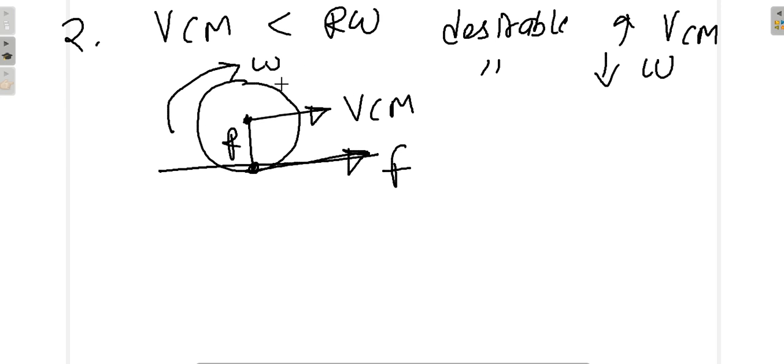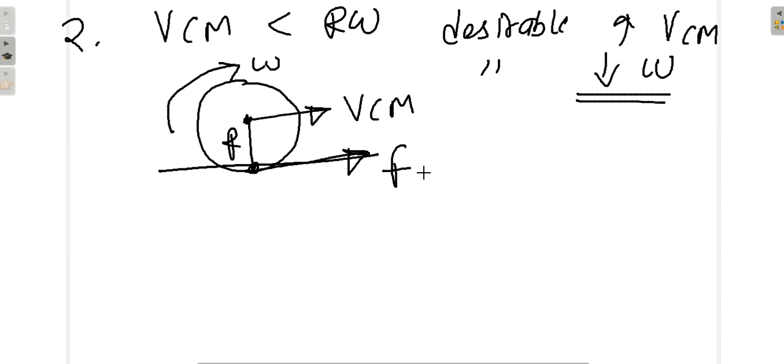Omega is in the clockwise direction. So the force of friction will oppose the rotational motion, and that will result in a decrease in omega. Again, at one stage, V will go on increasing, omega will go on decreasing, and VCM and r omega will become equal. When this happens, the force of friction will disappear because there is no external force.